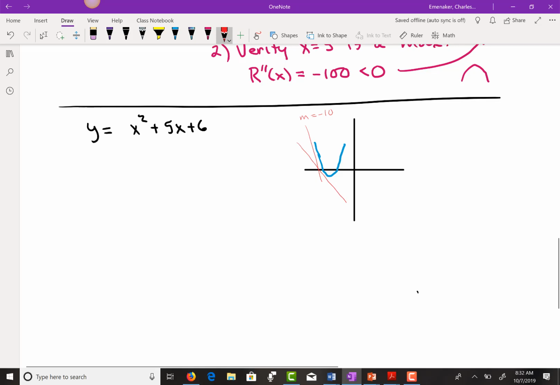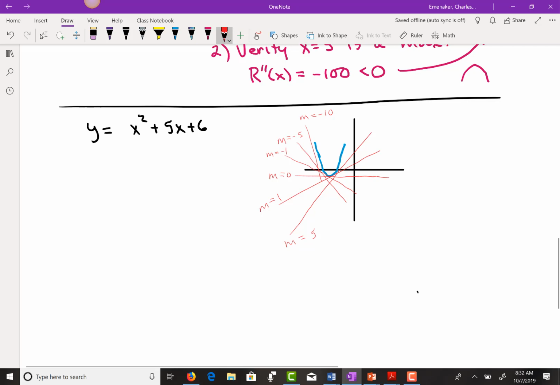This might be a slope of -5. As you move a little further, you get a slope of, let's say, -1. Here's a slope of 0. Then, as you move even further, you get a slope of 1. And as you go further still, you get a slope of 5.